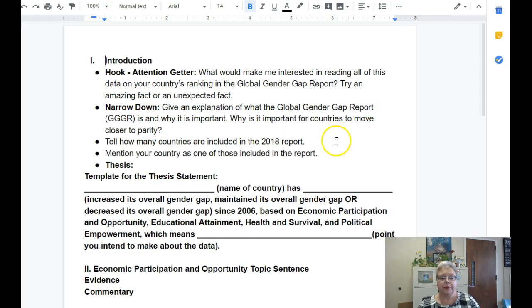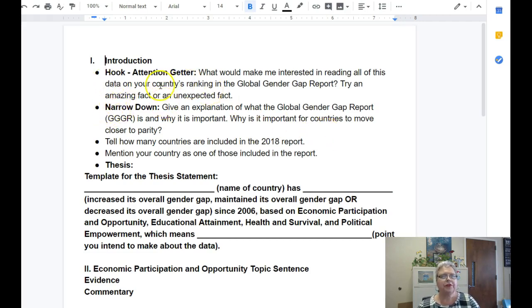So I was working with a student on New Zealand recently, and New Zealand has progressed a lot since this report started in 2006, and they've made a big amount of progress in reducing their gender gap, and they rank 7th out of the top 10, or 7th in the global report. So they rank way ahead of the United States.